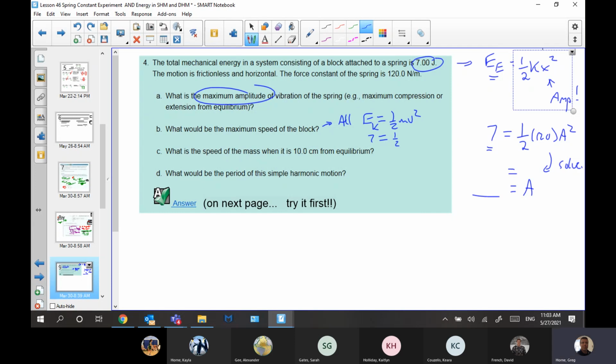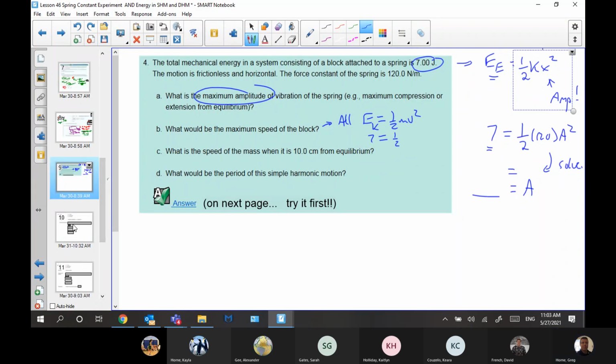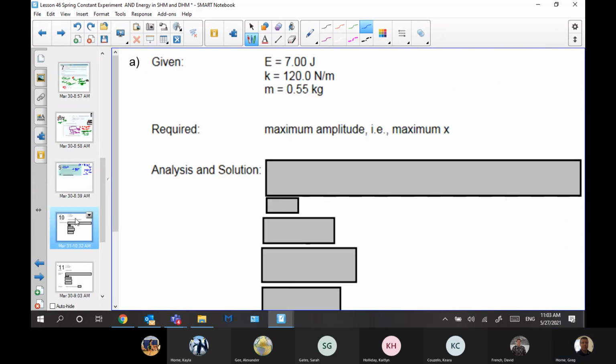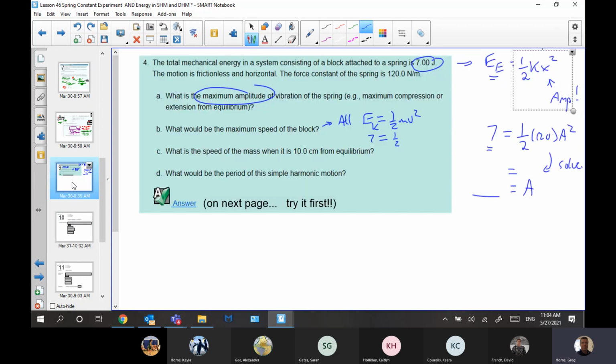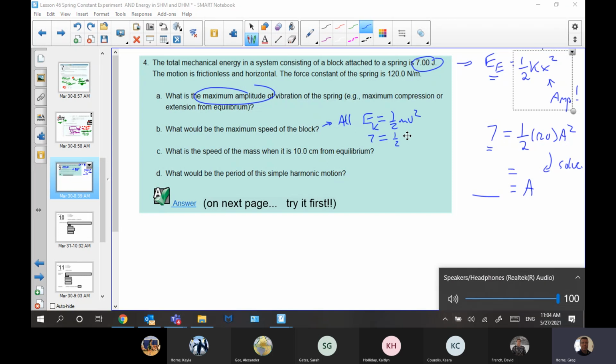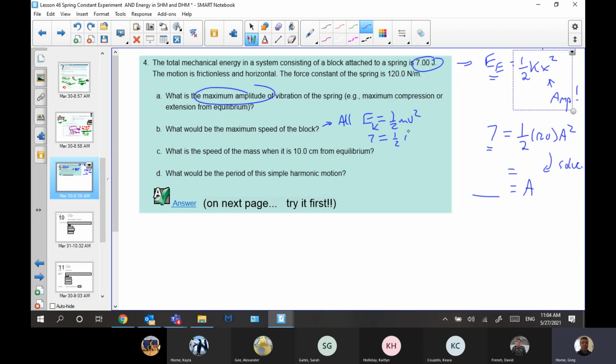Interesting, maybe they just give it a mass later on. Let me jump ahead to see what the solutions had to do with that. Because you'd need, yeah, 0.55 kilograms. Did they tell us that in the system here? That's forgotten there. Anyways, obviously we needed it. So 0.55 kilograms.